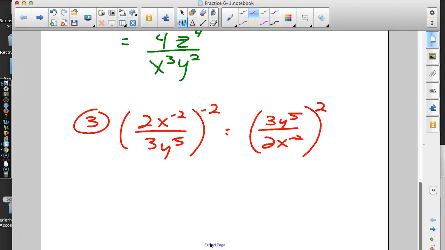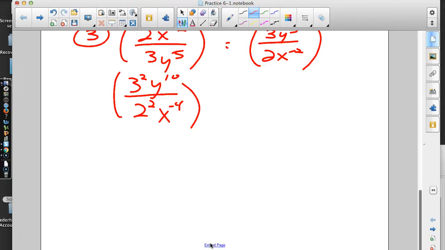So then we see that we have multiplication and division in the parentheses, so we can just distribute that 2. That's going to be 3 squared y to the 10th over 2 squared x to the negative 4. And now there's no more power on the outside of those parentheses. So what do we do inside? Well, we've got numbers. That's a 9.